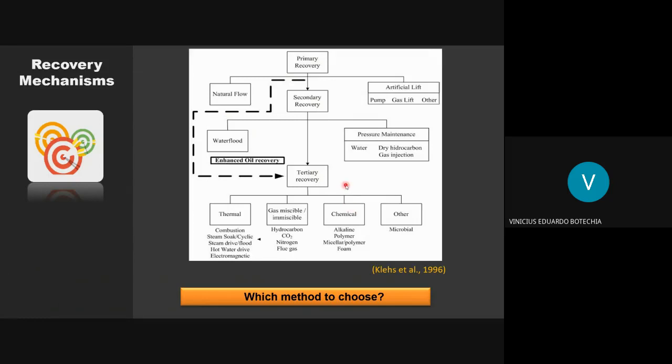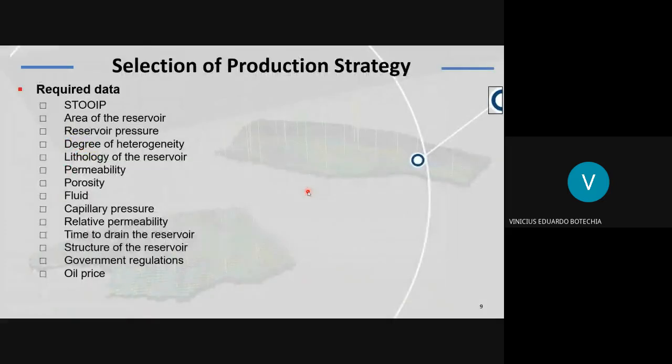If you have viscous heavy oil to develop, you can use thermal mechanisms, or in high-mobility and low-temperature fields you can use polymer, and so on. So it's important to have in mind that if you can choose the method since the beginning, it's the best possibility. Here are some examples of the data you need as input to the work.